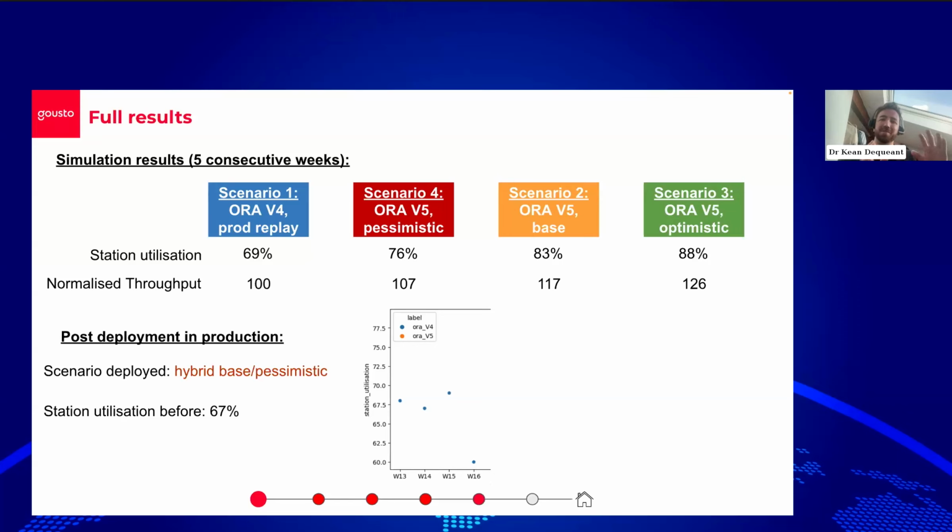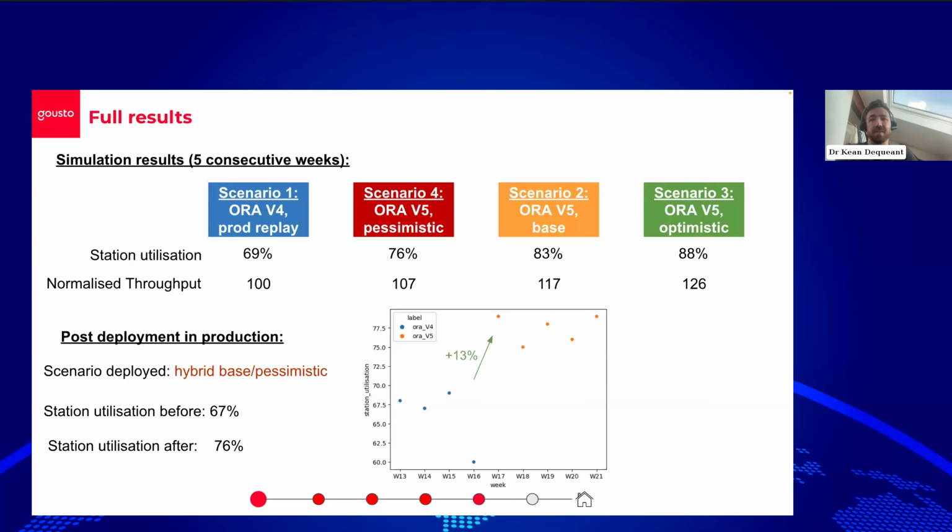We monitored the factory over a certain number of weeks and recorded the average station utilization before that. We clicked the button for release of over V5, and that's what we got a few weeks after. The trend was really clear.